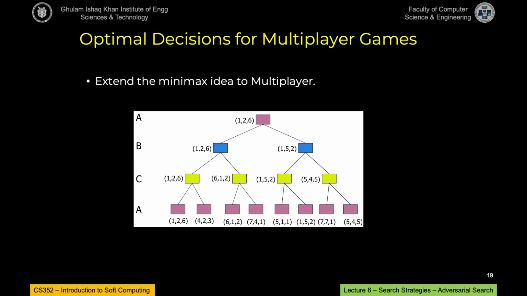So it will choose 5 over 4, that is, 1 5 2. Then it is a turn of A, which has a choice between 1 2 6 and 1 5 2. In this case, if you compare both, 1 is equal to 1, so it can choose either 1 2 6 or 1 5 2 depending on what it selects. In this case, it has selected the first one.